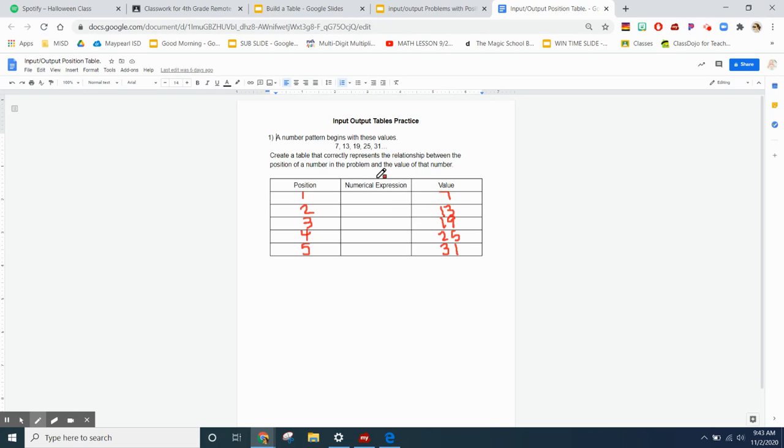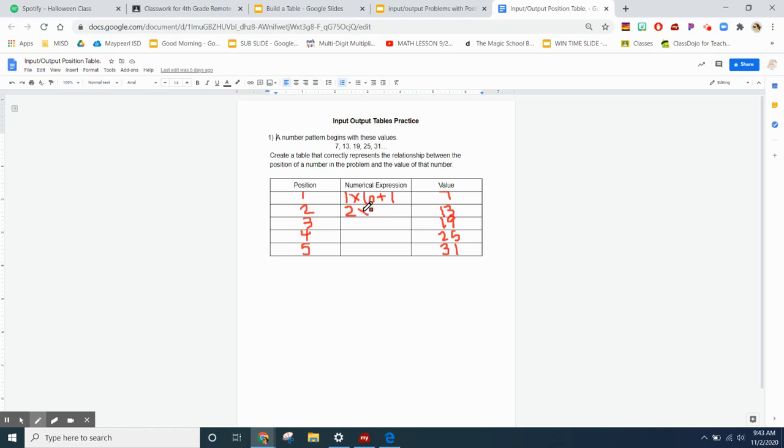Okay, so let's try position times 6. 1 times 6 is 6, right? To get to 7, we'd have to add 1. Okay, so let's see if position times 6 plus 1 would give us our value. So here's our position.